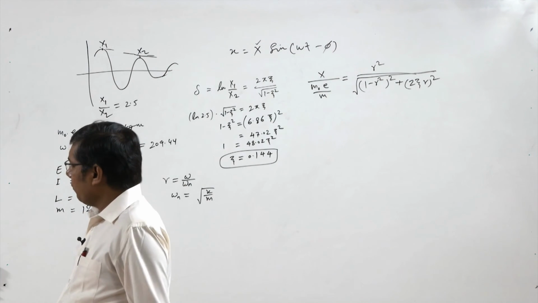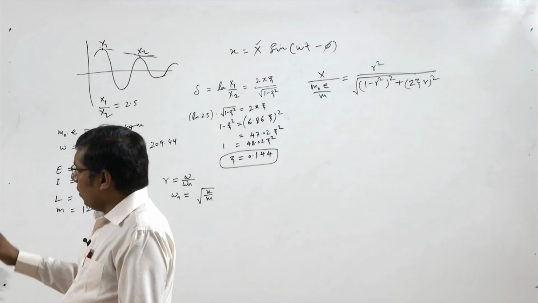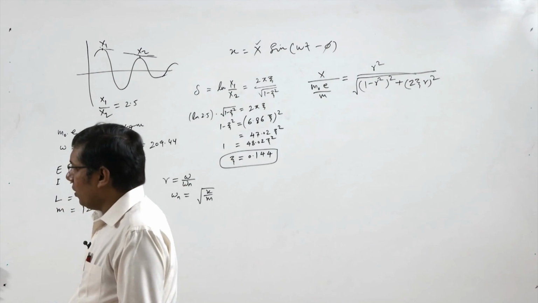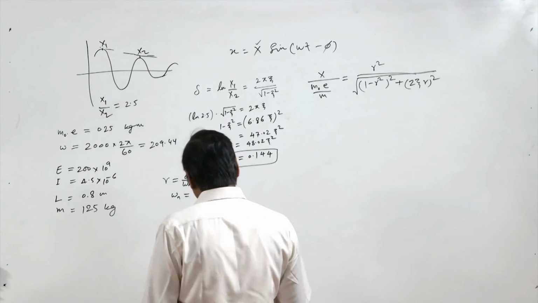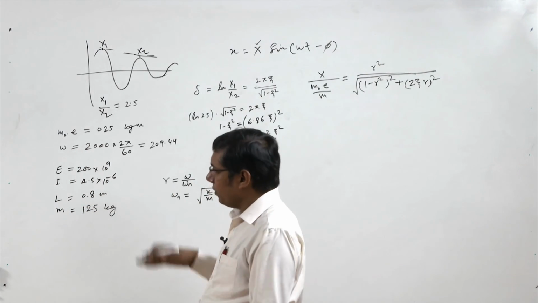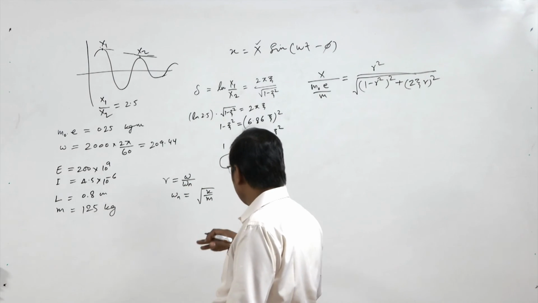Now for the stiffness, we have a cantilever beam, and at the end the machine is there and it is giving the transverse vibration.